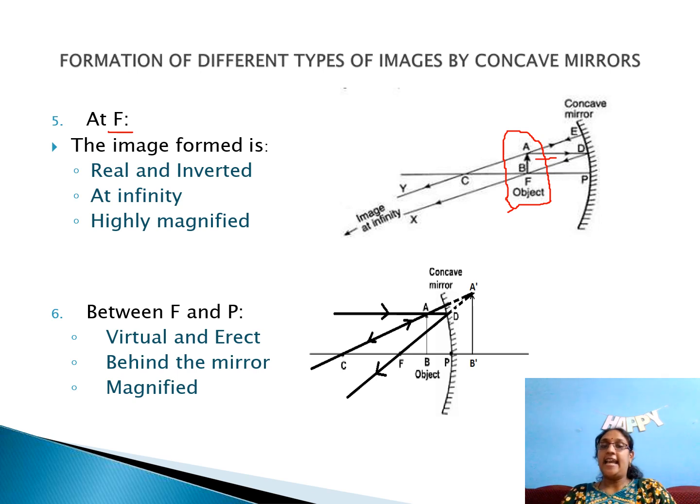But in this case, I get my image at infinity. So whenever I keep my object at focus, I get my image at infinity. Here also the same thing, real and inverted. I get my image at infinity and it is highly magnified.